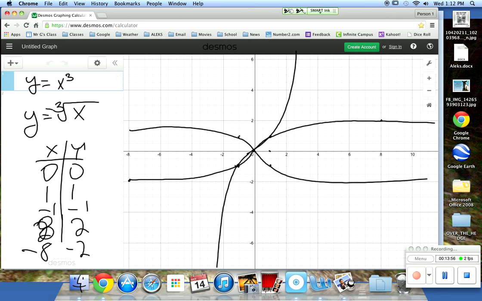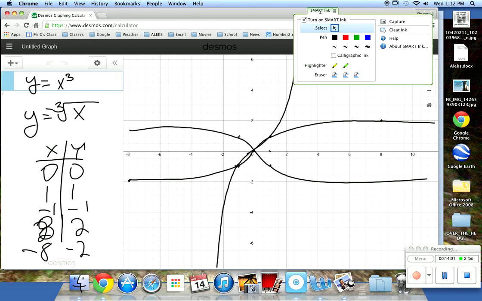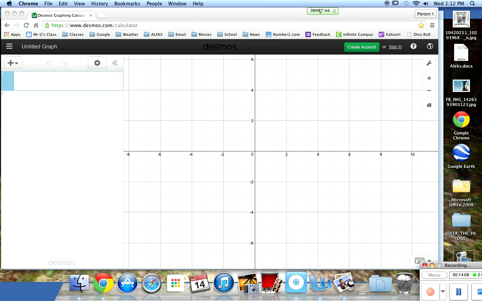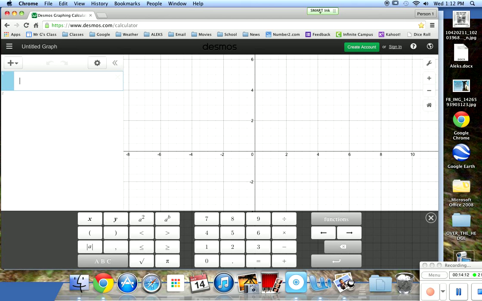Should we do it on the Desmos and do it with different colors? You're going to be doing inverse functions and graphing them. Y equals x cubed. All right, let's do the next one. Can we even do a cube root on this?